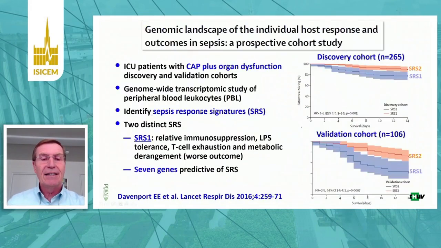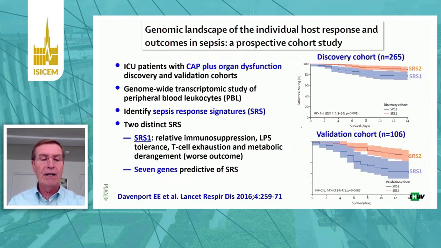Yes. The next study is a study by Dr. Davenport from Oxford with Julian Knight that used the phenotype of community-acquired pneumonia with organ dysfunction, so sepsis patients. They used genome-wide transcriptomic data on peripheral blood leukocytes to try to identify a sepsis response signature.